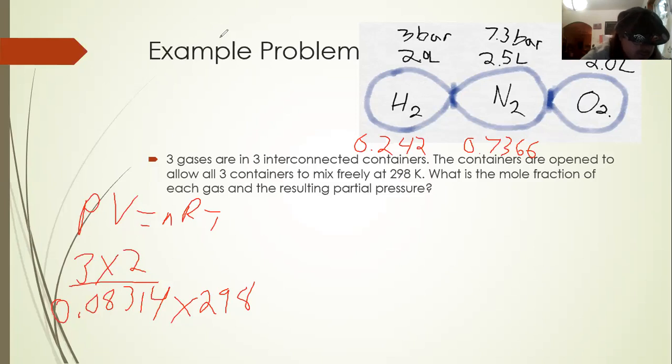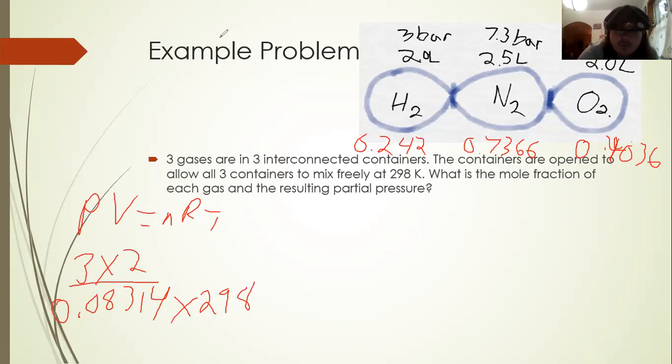Okay, let's say 5 times 2. Okay, 0.4036. So those are the moles of each one.